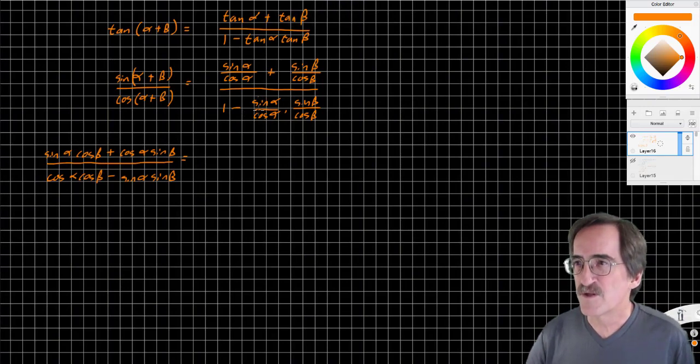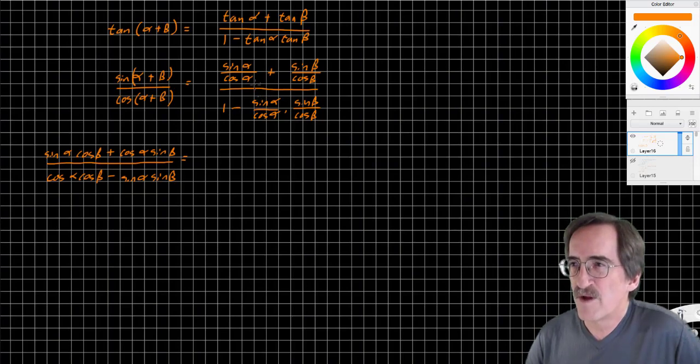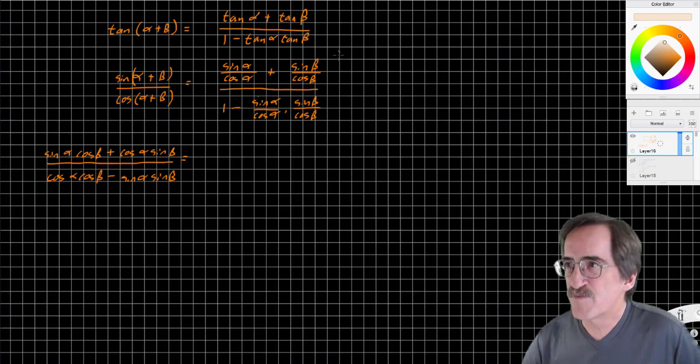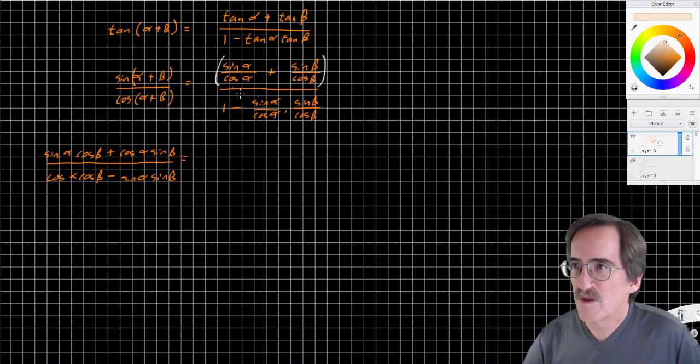All right, so let's see if we can work this out. Now, I might want to multiply top and bottom by the common denominator. The common denominator is cosine alpha cosine beta.